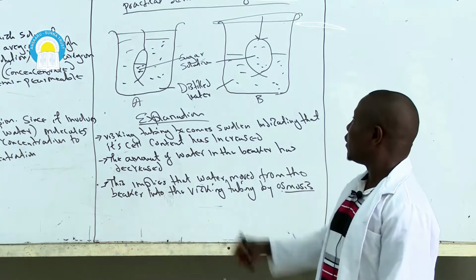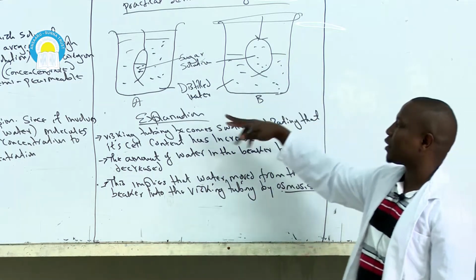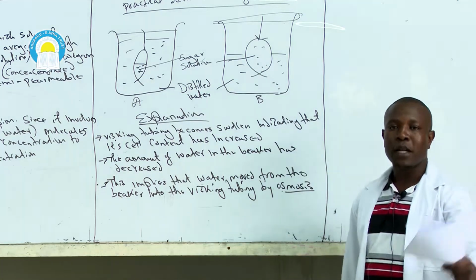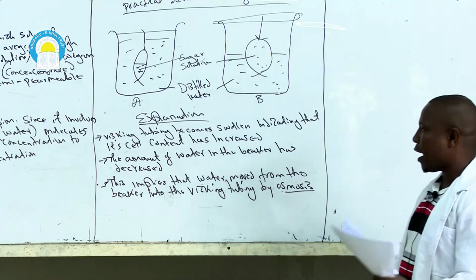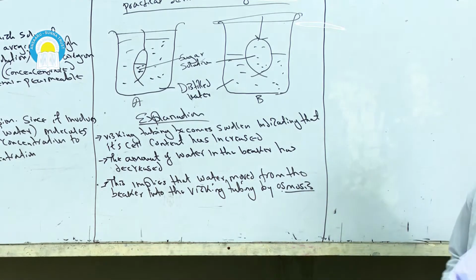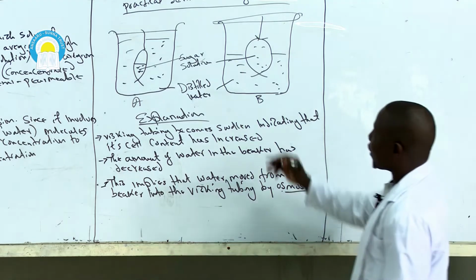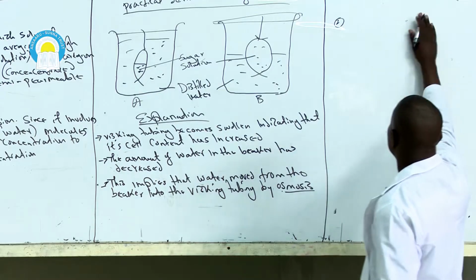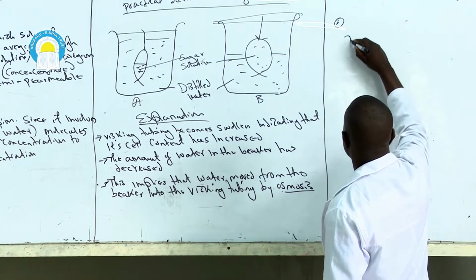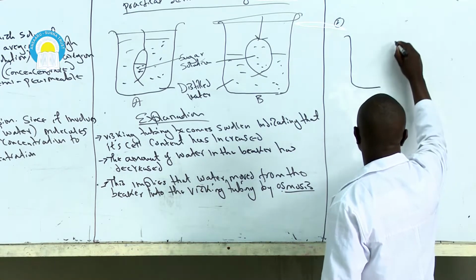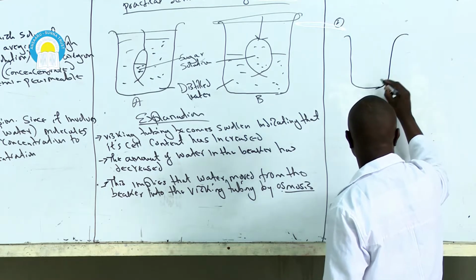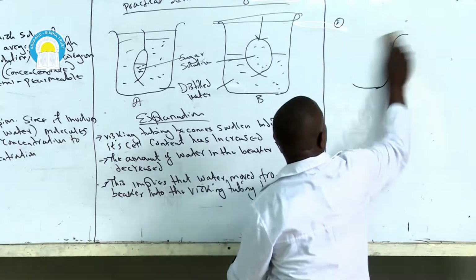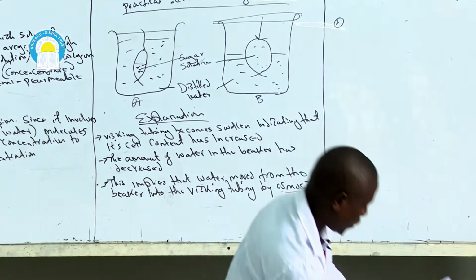Another one, I've just demonstrated osmosis using what? Artificial cell membrane, that is a whisking tubing. What about if we use a live cell membrane? So this practical, demonstration number two, we can use this one, whereby we take our beaker again. This is our beaker.